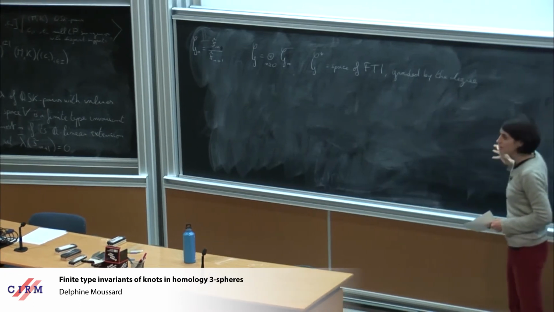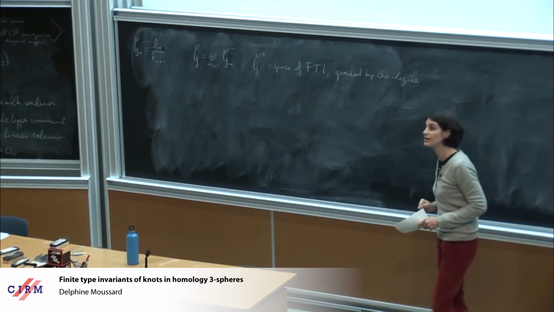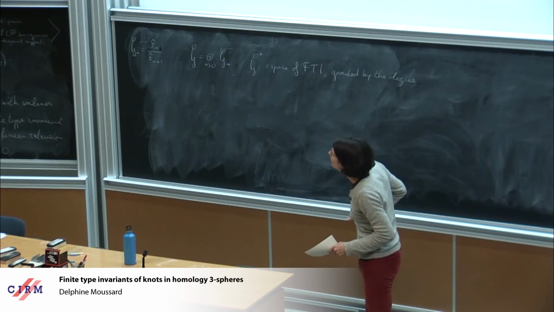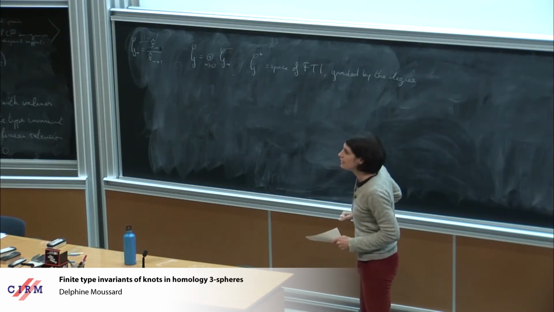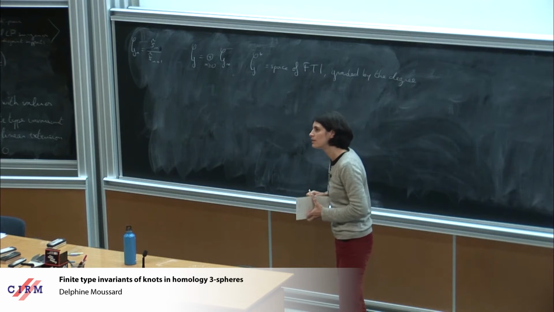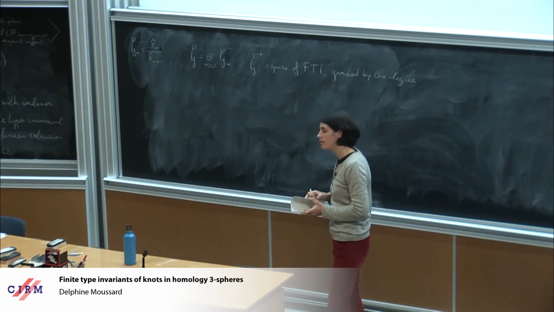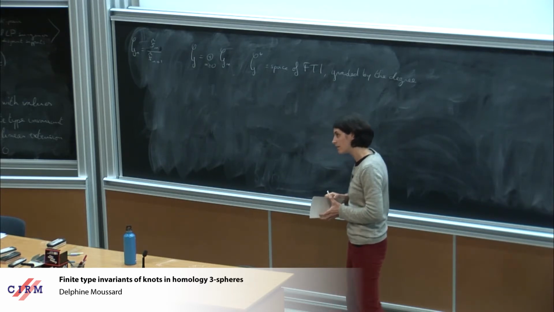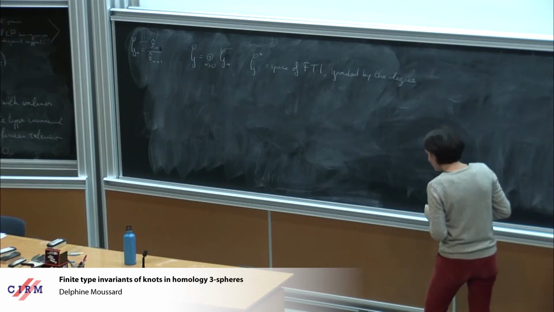So one of the main goals when studying, I just had a question about the surgeries. Yeah. In the simple case where the handlebody would be a solid torus, so are these all possible Dehn surgeries or with certain slopes?